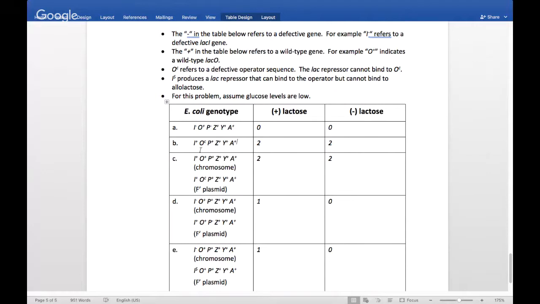So maybe because there's only one sequence here, you would only get one copy. But anyways, you see 2 here just for the idea that it will transcribe fully. I think you only get one copy, but in that case, either way.